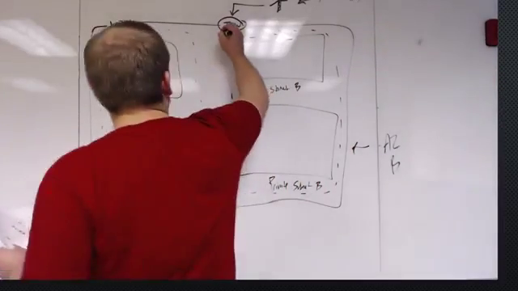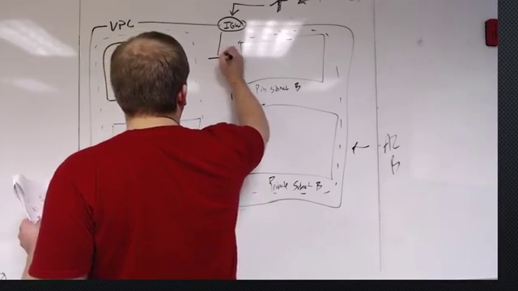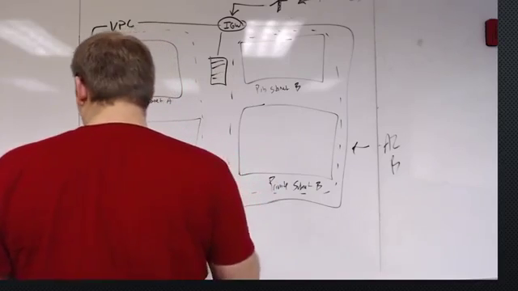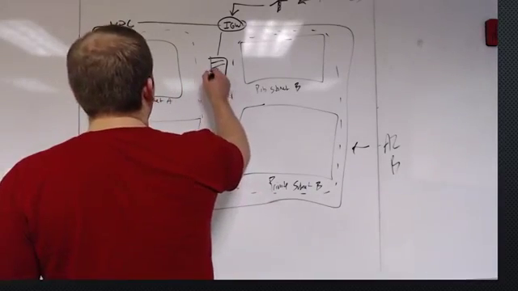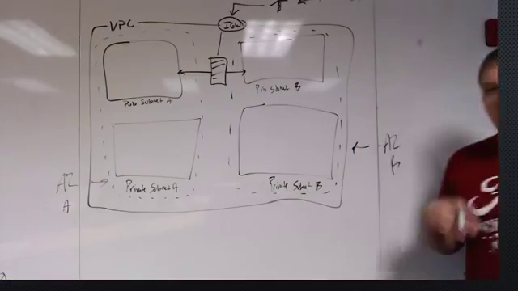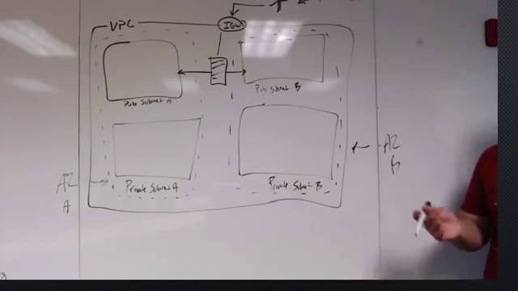What makes a subnet public or private is a route table that is attached to subnets. The route table says, once I have traffic, here is my mapping of where I'm going to route traffic to.